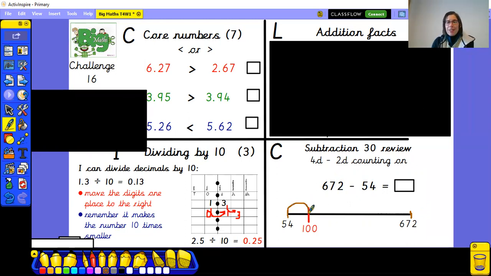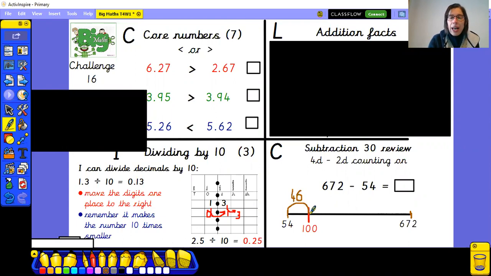So what is the difference between 54 and 100? I'll let you think about it. I know that 54 to 60 is 6, and 60 to 100 is 40. So the difference between 54 and 100 is 46.